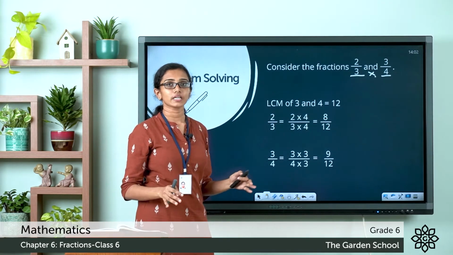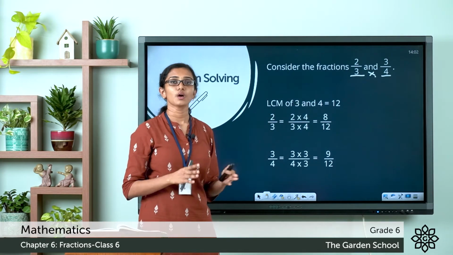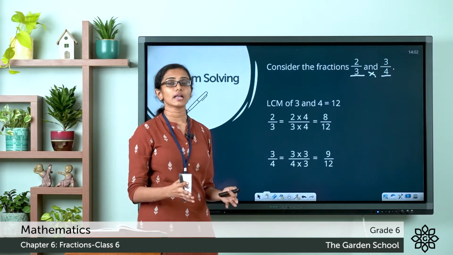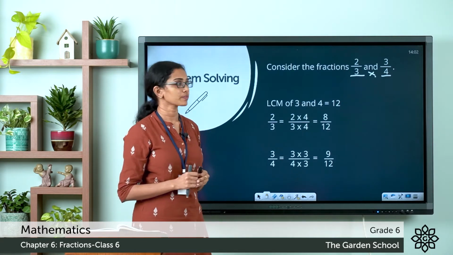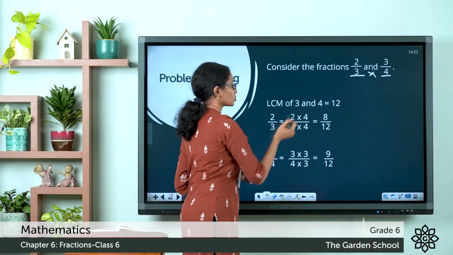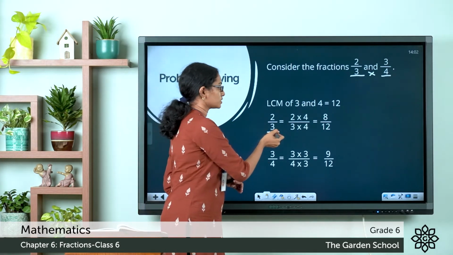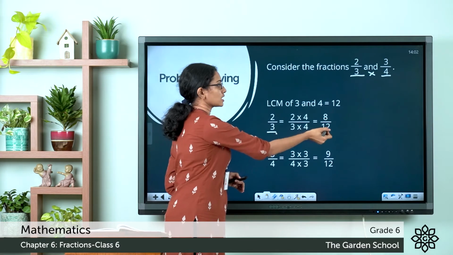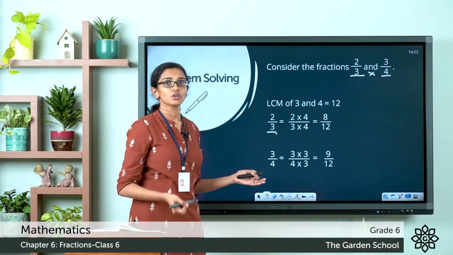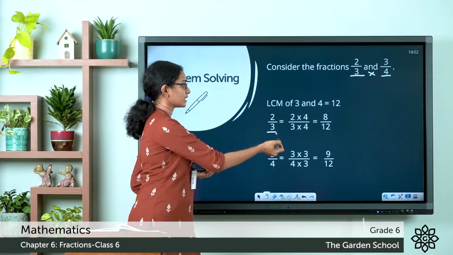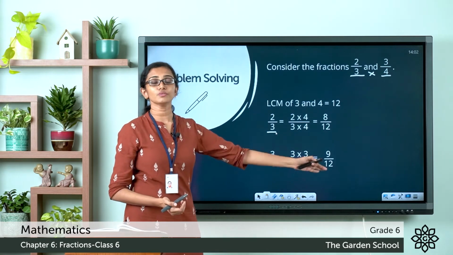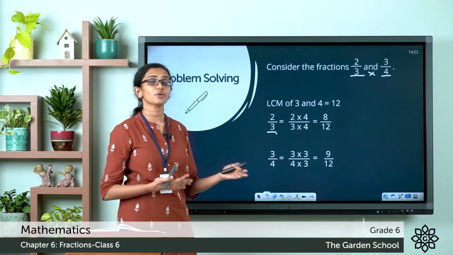Now we got the LCM, we have the unlike fractions. We are going to change them into like fractions. Let's see how. The original fraction 2 by 3, we need to change the denominator of this fraction to the LCM, which is 12. So what number can be multiplied to this 3 to change it to the LCM 12? How do we find it?